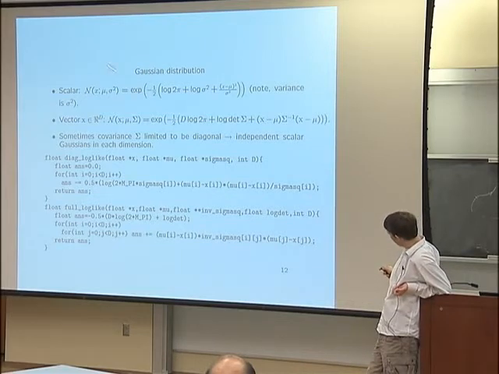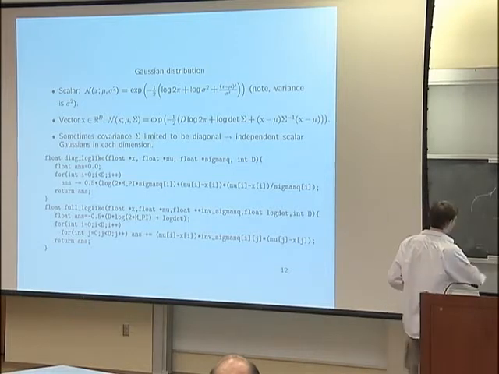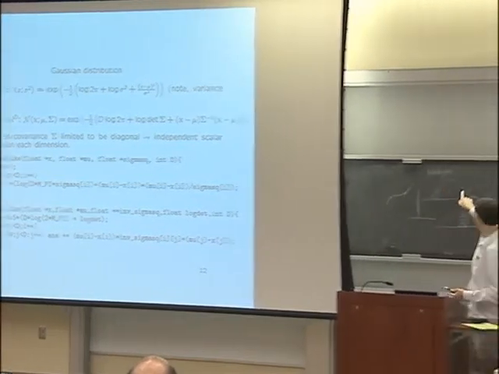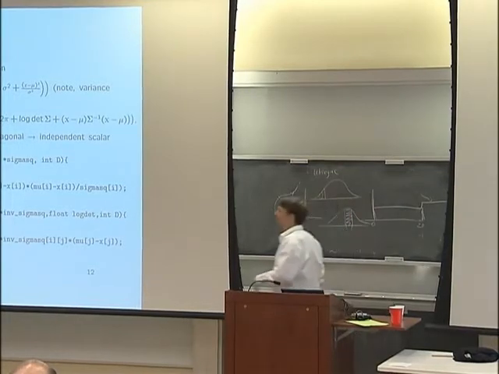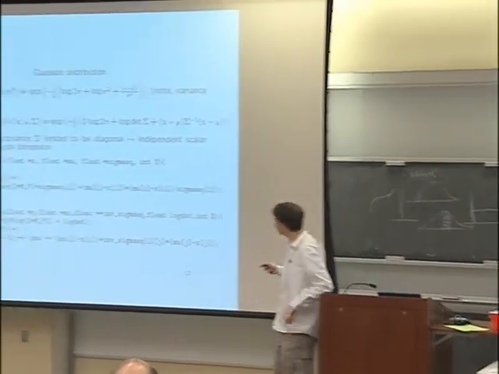And this is equal to exponential of -1/2 times log 2 pi plus log of the variance plus x minus mean squared over sigma squared. The Gaussian distribution is the bell curve. It looks just like this. And this is the scalar case.